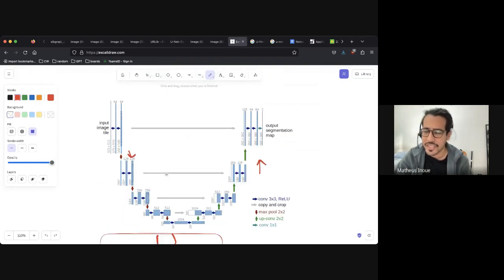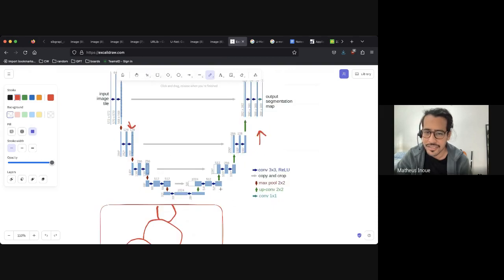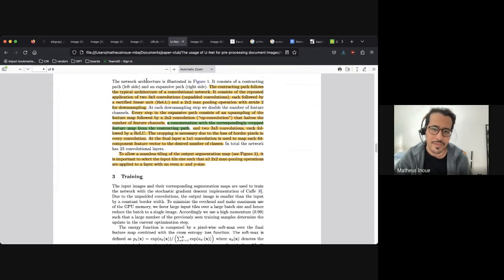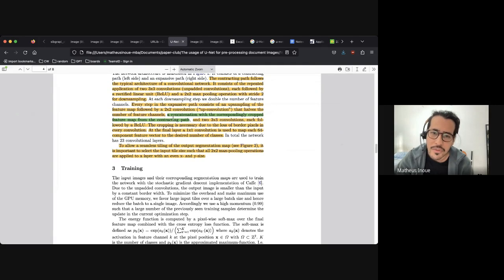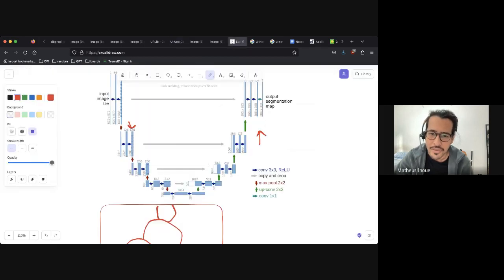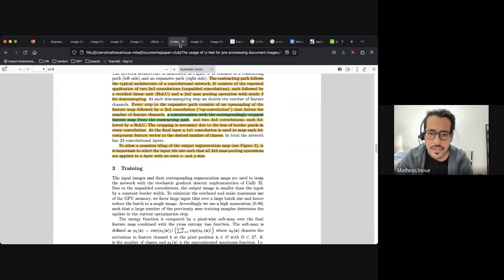They are not just duplicating the pixels and saying now the image has double the resolution, right? They try to do some intelligent upsampling in some way. Of course, not perfect, but it's something. And then they do a concatenation of the feature maps with the correspondingly cropped feature maps from the contracting path. So it's a combination of this path here, but also the results from this previous step.